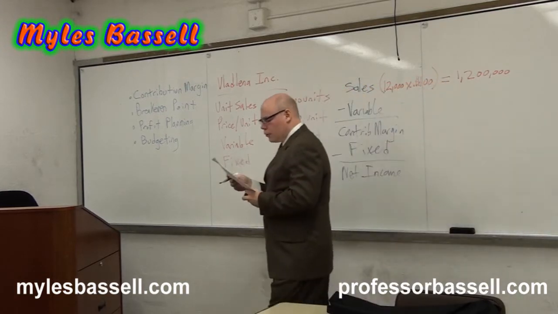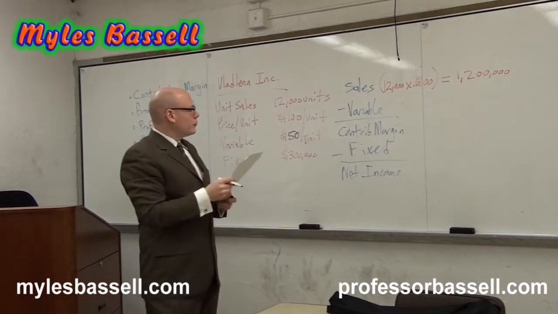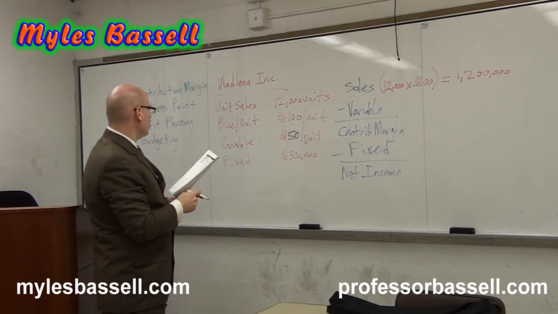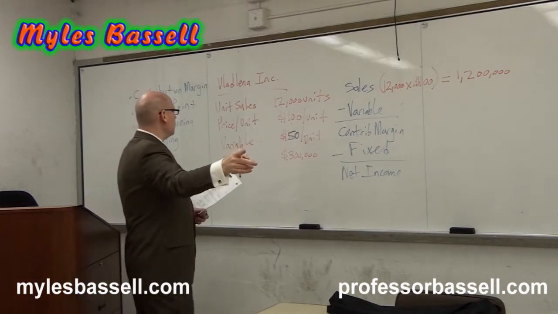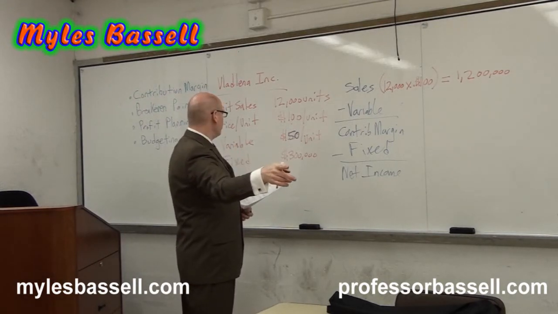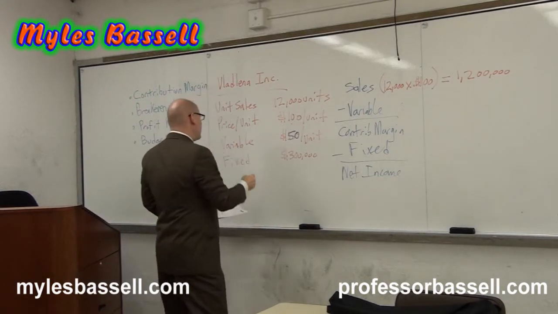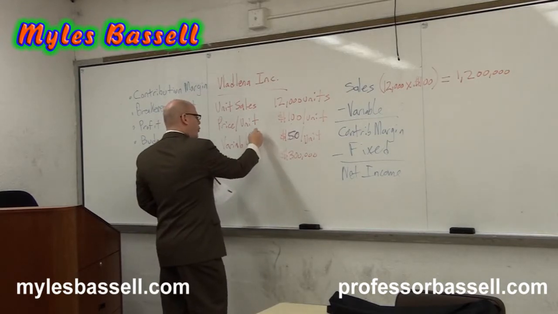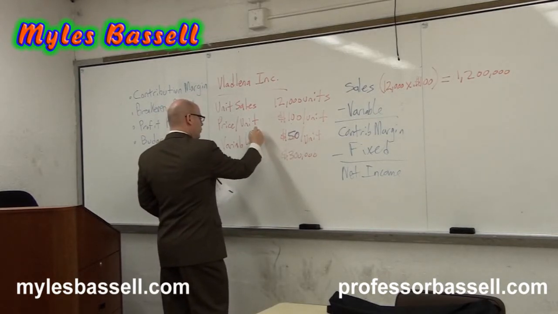Now, what about our variable expenses? Number of units multiplied by. Go ahead, Lena, tell us. Number of units multiplied by variable expense. Right, so here this is the variable per unit, $50 per unit.